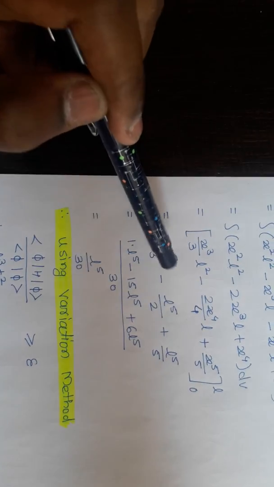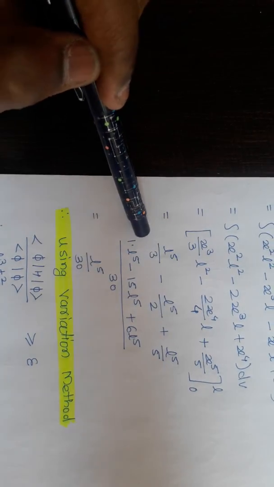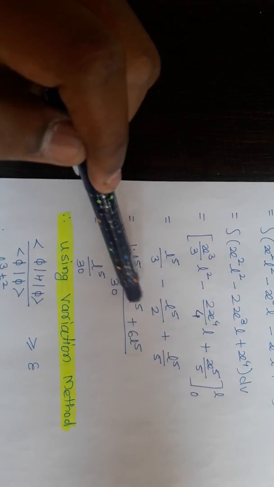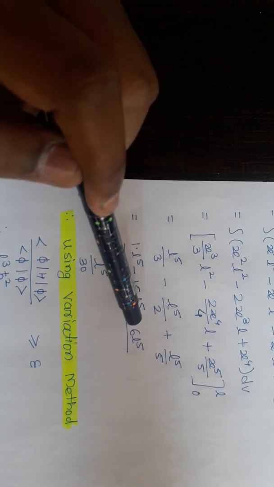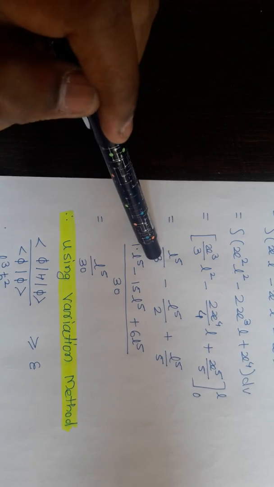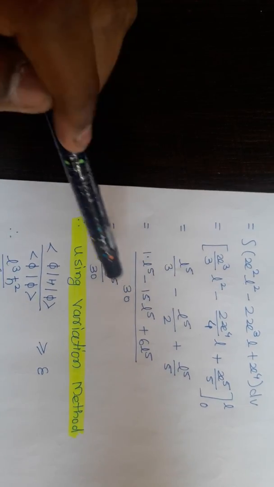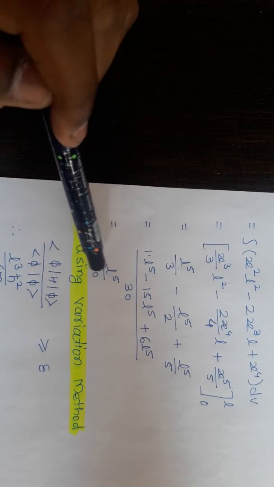After cross multiplication and changing the signs, 1 into L⁵ minus 15 into L⁵ plus 6 into L⁵, divided by 3 into 2 into 5, that is 30. That is equal to L⁵/30.